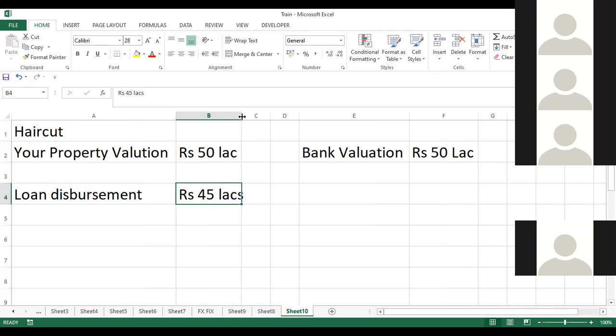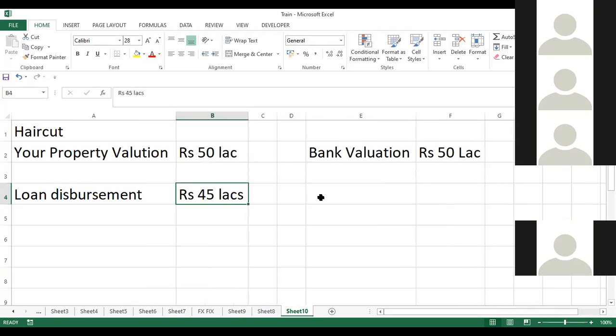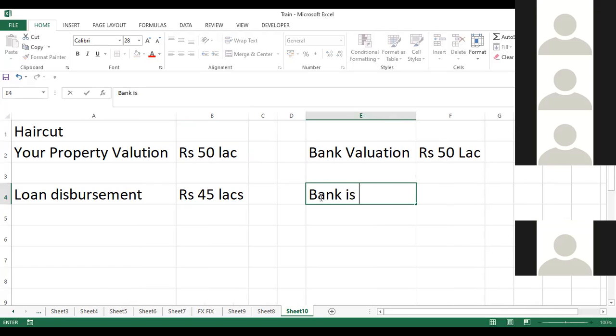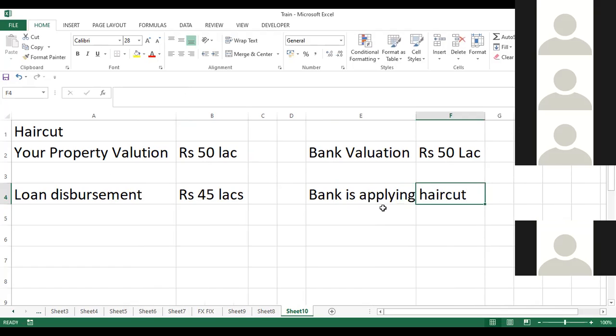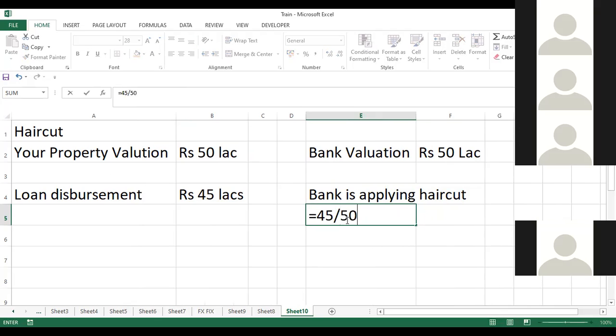Why are they doing so? The reason is that the bank is applying a haircut. And how much haircut is being applied? You can calculate that. 45 divided by 50 and multiply by 100, right?